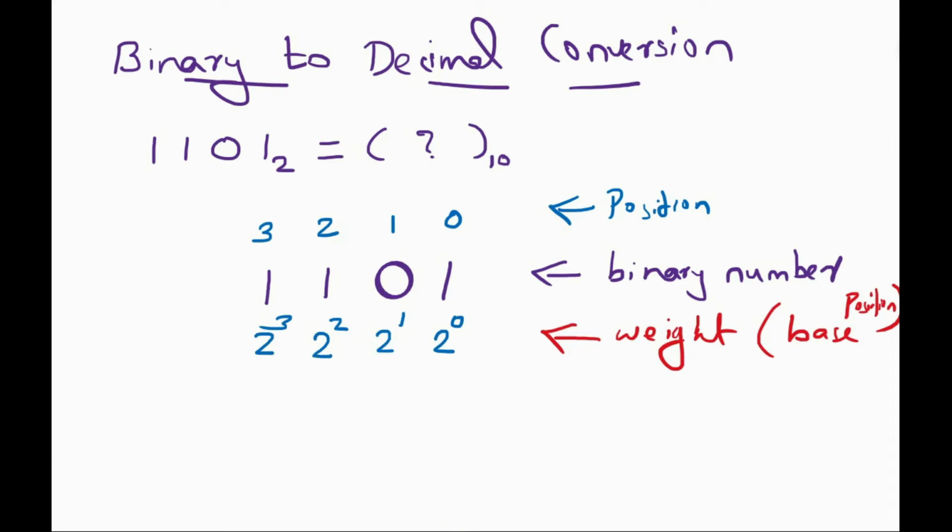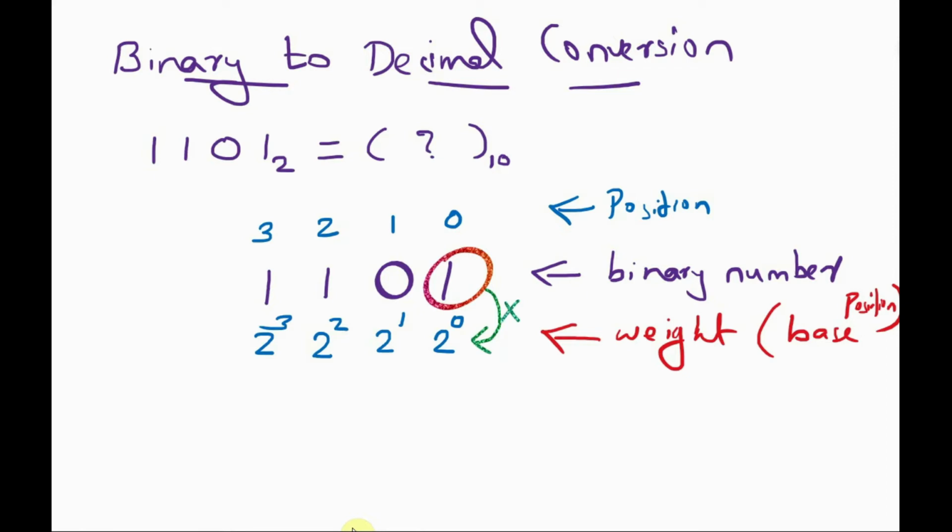So now, how to get the corresponding decimal number? To get the corresponding decimal number, what we have to do is multiply the bit with its corresponding weight.